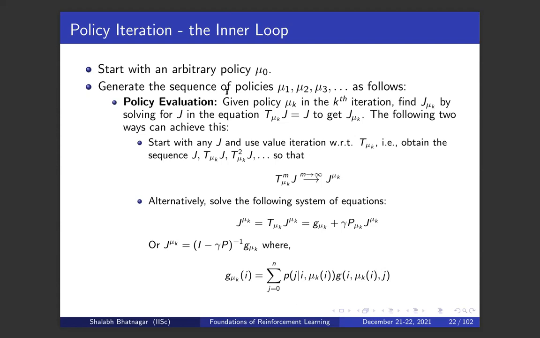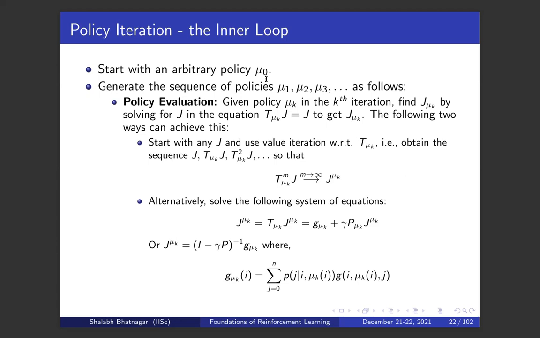Instead of starting from a given estimate of the value function, which was the procedure adopted in the value iteration algorithm, we start with a given policy. You start off with an arbitrary choice mu0 of policies.